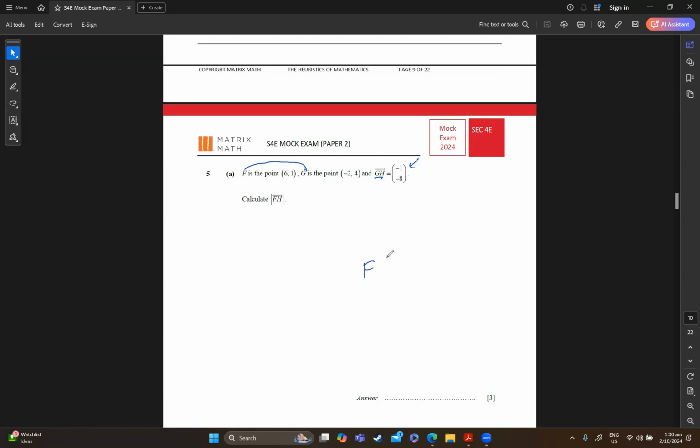So let's say F and G are somewhere here. I can travel from F to G, then from G to H. So that's how I travel from F to H via G. So I can just find what the vector is for FG.